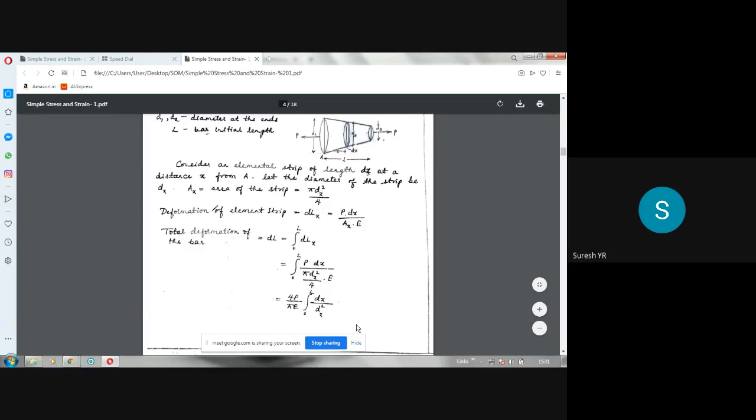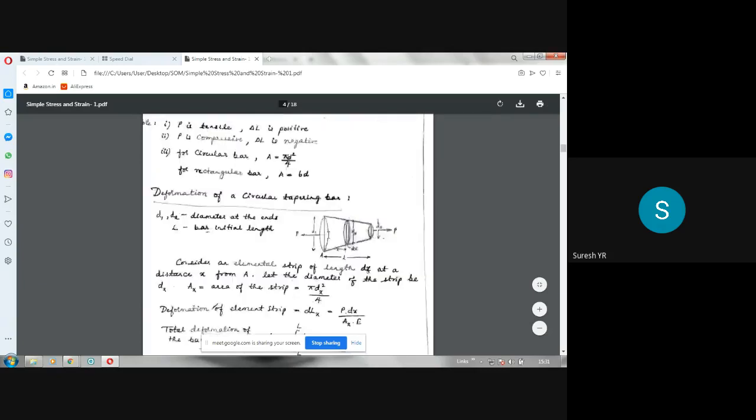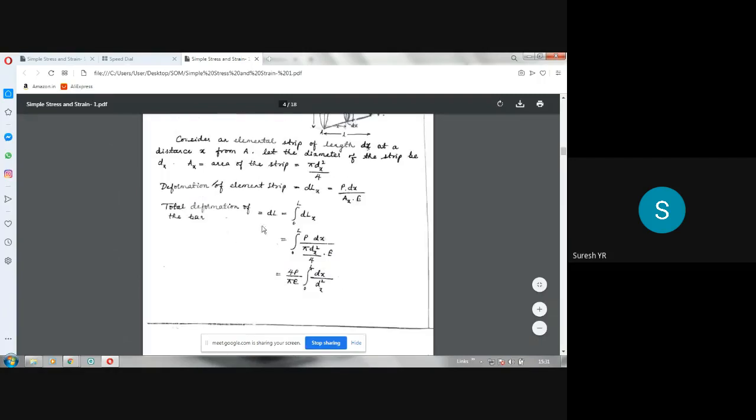Now, if you want the elongation of the total length of the rod, then we have to integrate. That's why we are using this dx term here. So integration of this will give the total extension of the bar. The total deformation of the bar is denoted by delta L or DL. So DL is the integral of this DLX.